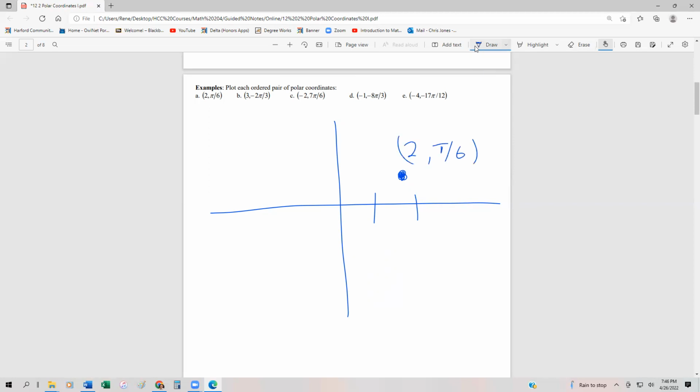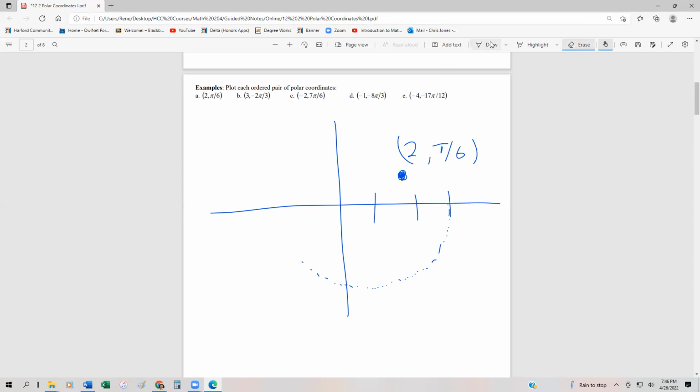Really easy to do. If we had the point 3 comma negative 2 pi over 3, we'd go to the right 3 units, and then negative 2 pi over 3 is in this direction. It ends right about here, a little bit less than that.